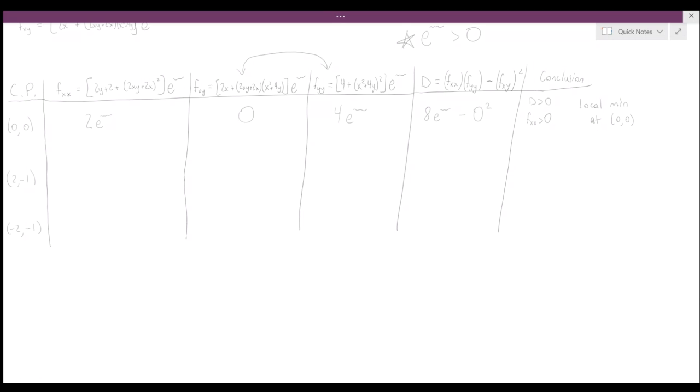All right, so next let's plug in 2 and negative 1 into everything. So let's see, if I plug in negative 1 for y, we're going to get negative 2 plus 2. So those will actually cancel.